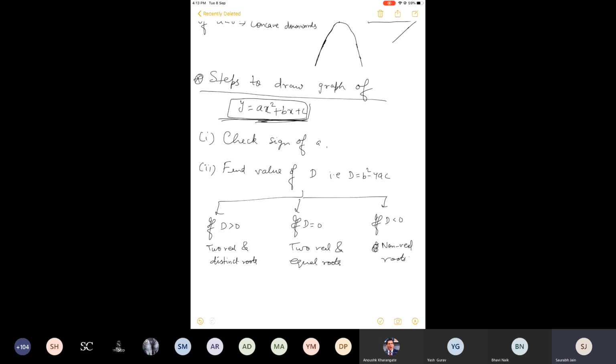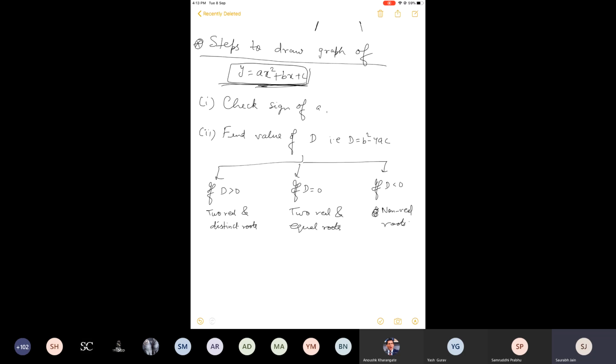Yes, sir, the number of times the graph cuts the x-axis. Very good, this was expected. In the chapter polynomials, there was this thing called zeros or roots of the polynomial, and we used to see at how many points the graph is cutting the x-axis.